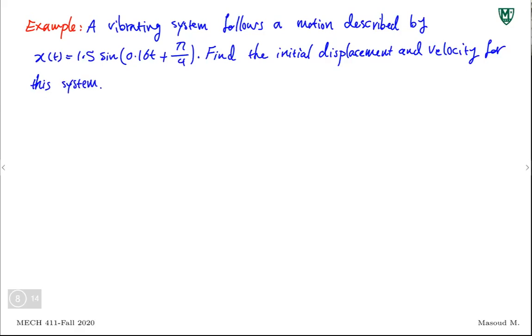So how do I do that? Any thought on this? You could plug in 0 for t, and then we take the derivative, and then we can get the velocity. Yes, right.